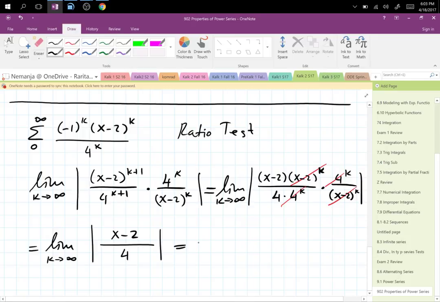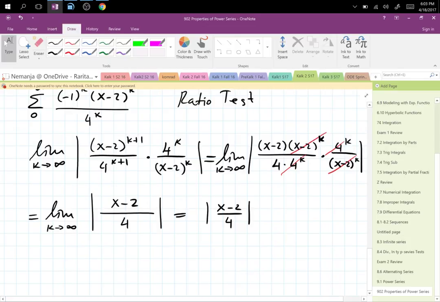There are no k's. So this limit has nothing to do here. So we just forget about it. This is all we have as the answer, because the limit can't operate on any of these. So the value of that limit is 1 times this.